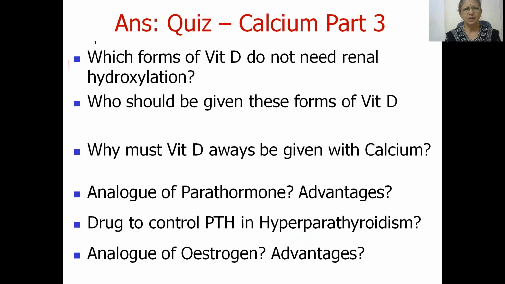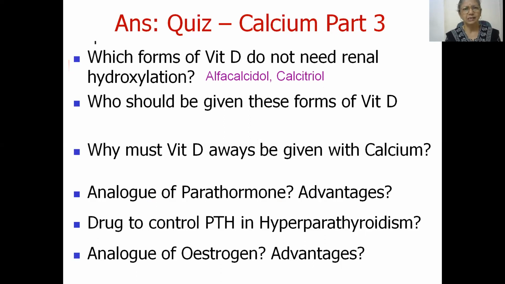So which are the forms of vitamin D which do not need 1-alpha hydroxylation in the kidneys? Alfacalcidol and calcitriol, the actual active form of vitamin D. Who should be given these forms of vitamin D? We have the original conventional vitamin D3 available, plus these active forms.